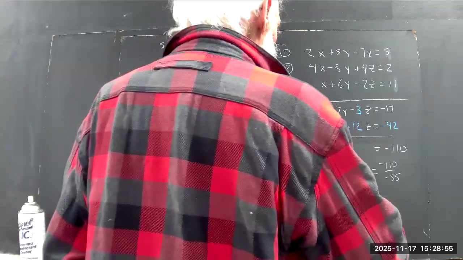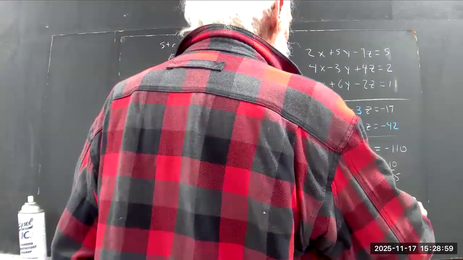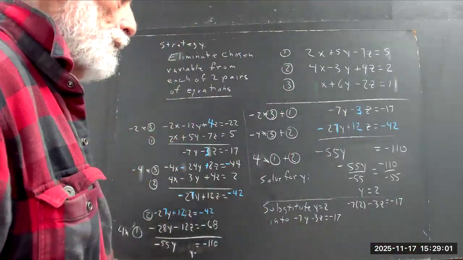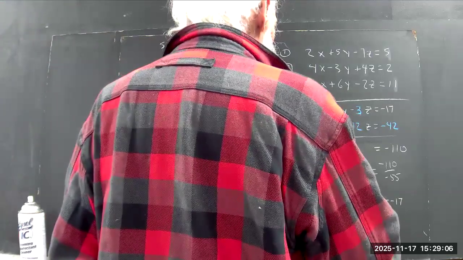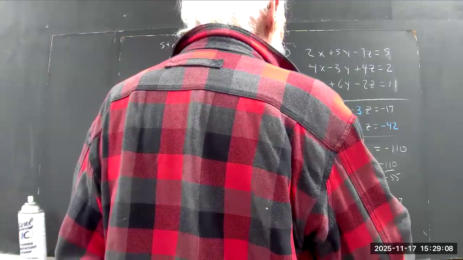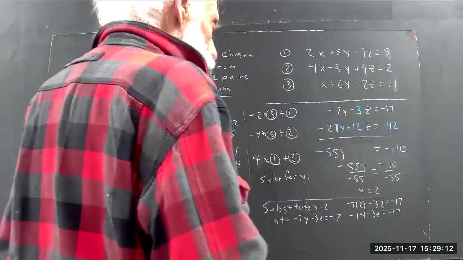Negative 7 times 2 minus 3z equals negative 17. Well, that's negative 14 minus 3z equals negative 17.